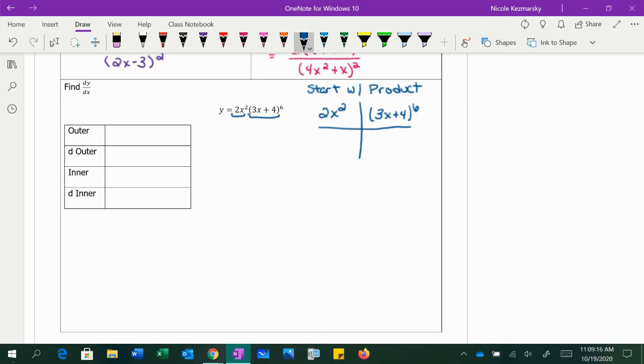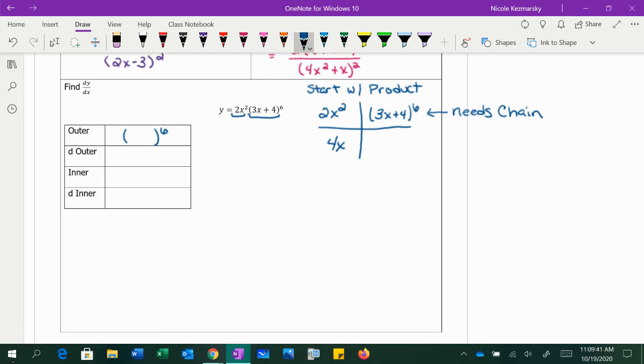The derivative of 2x squared is 4x. And then the derivative of 3x plus 4 to the 6th needs chain rule. So I'm going to make a little note here, needs chain. So the outer function is something to the 6th power, so parentheses to the 6th power.